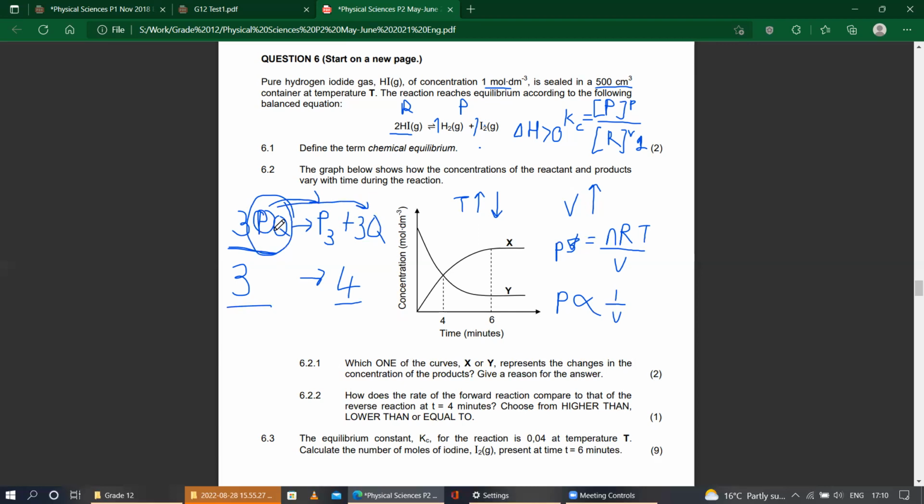So once you increase the concentration of PQ, more products are gonna be formed. And when you increase the concentration of the products, more reactants are gonna be formed in order to rebalance the chemical equilibrium, because Kc never changes unless the temperature changes.